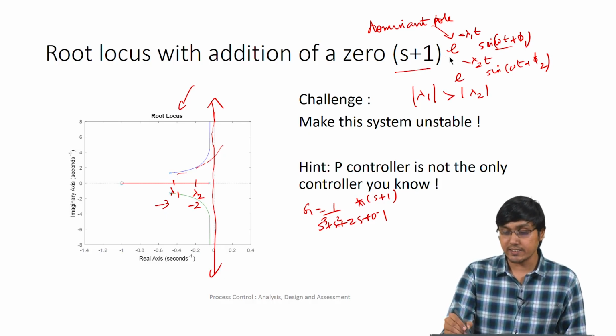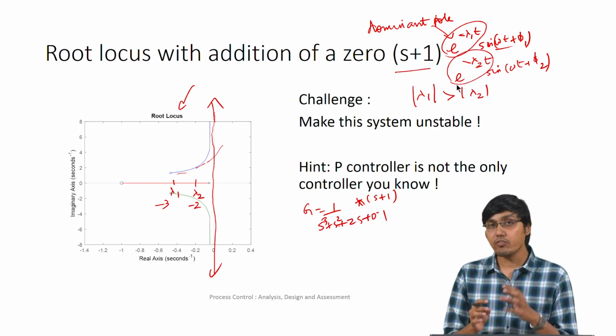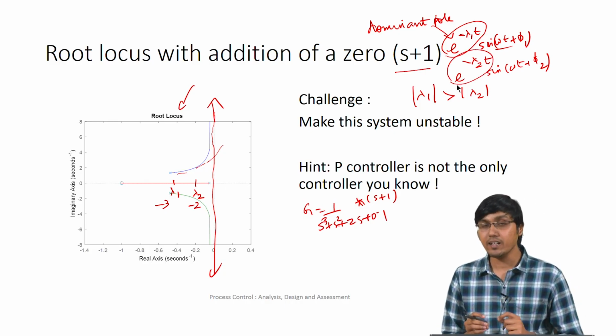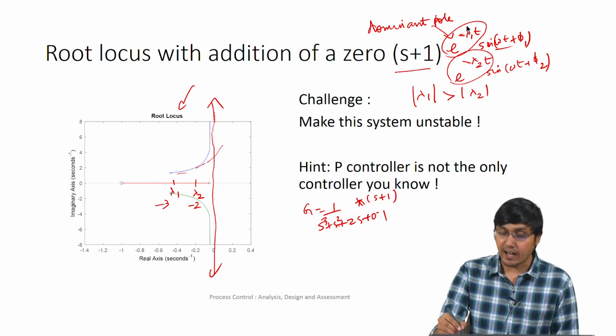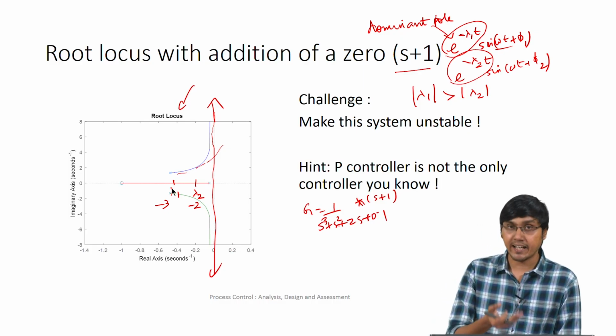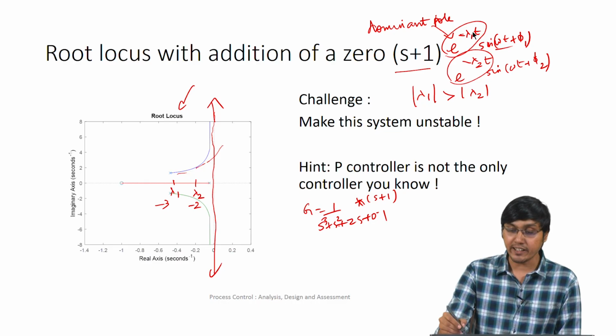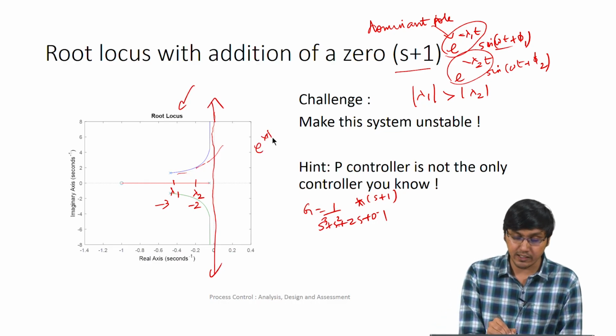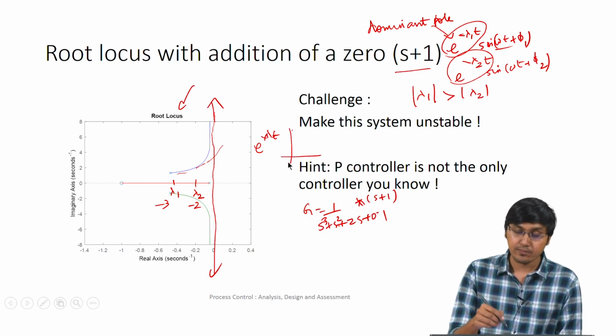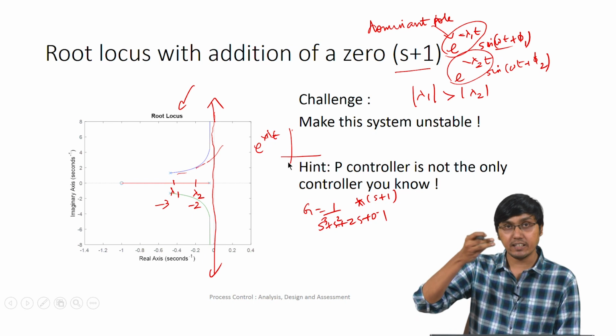So now, e power minus lambda 1 t and e power minus lambda 2 t. Which of these terms is going to have a bigger impact? Since lambda 1 is higher, e power minus lambda 1 t, if you plot it, is going to fall exponentially at a very high rate.